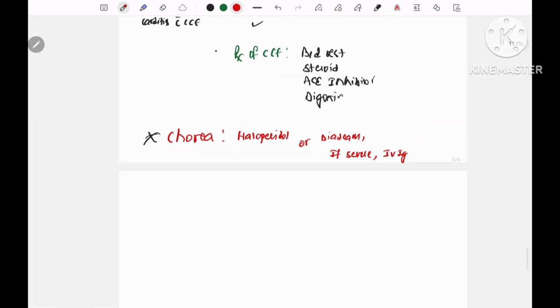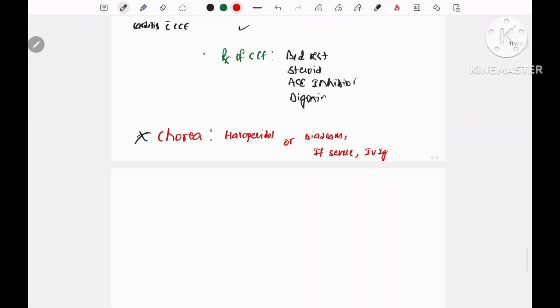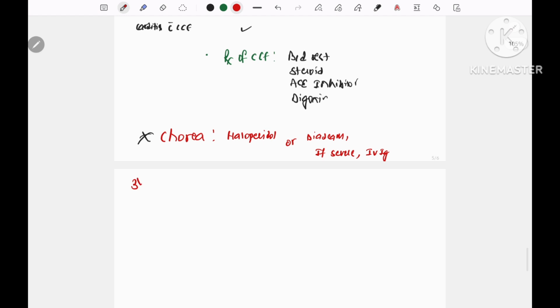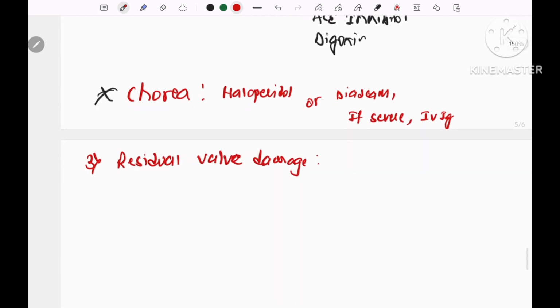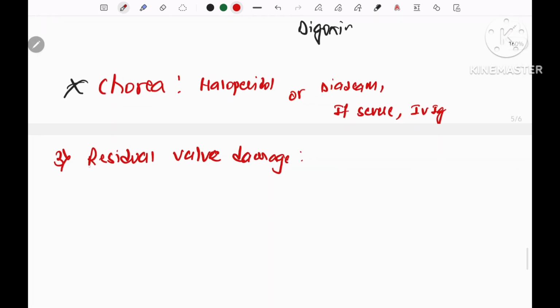So this is the point for the treatment. Now if there occurs residual valve damage, the medical treatment may fail here, and we have to go for valve replacement.